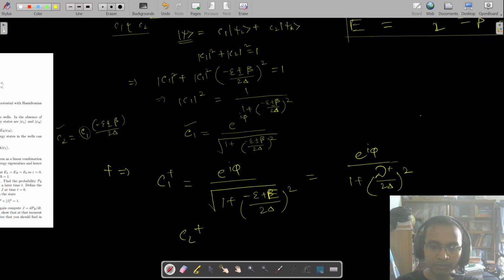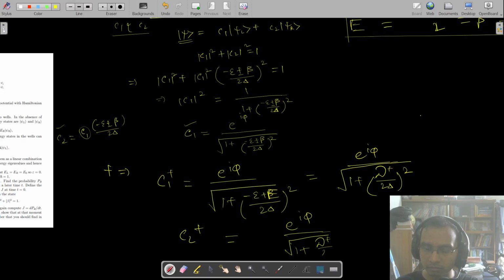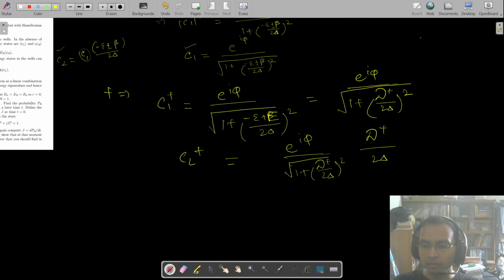So C2 plus would be C1 plus, which is this, times curly D plus divided by 2 delta.